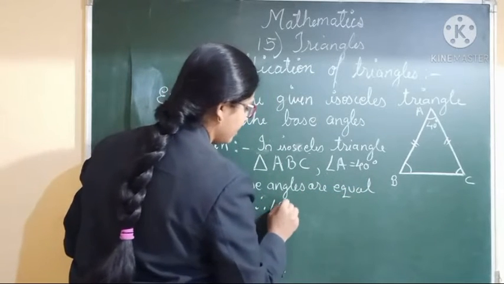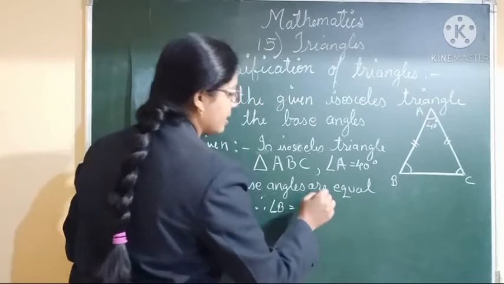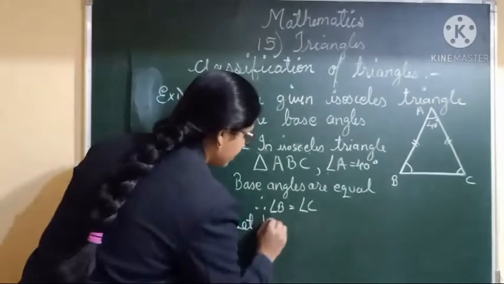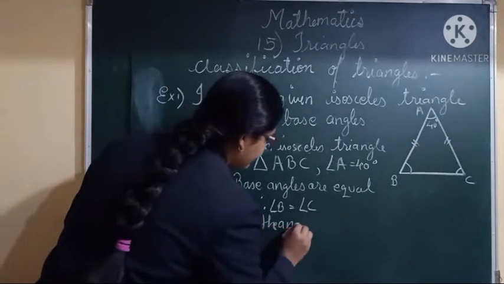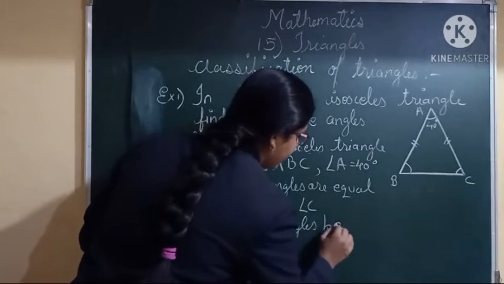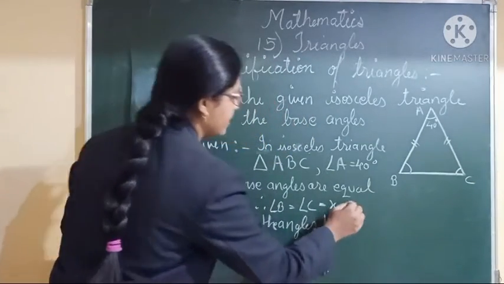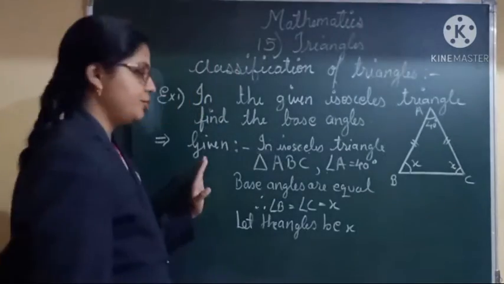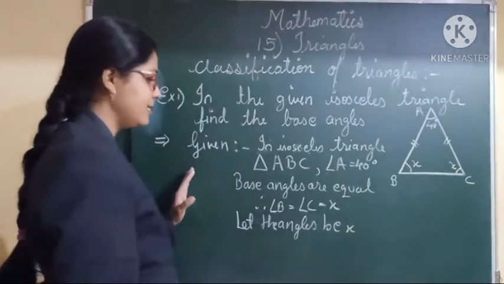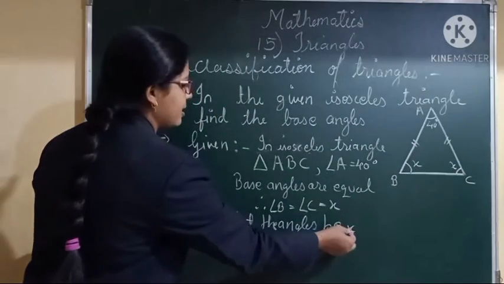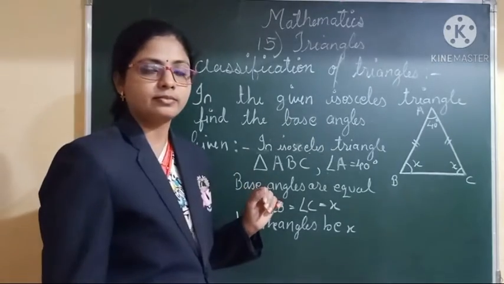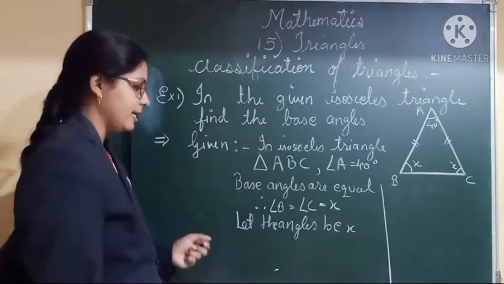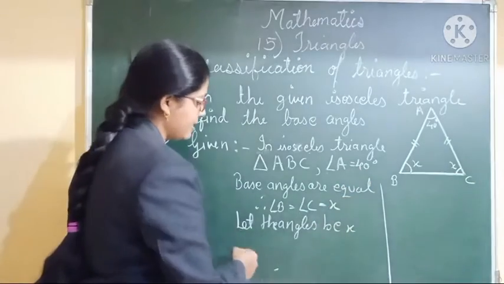Therefore, angle B equals angle C. Therefore, let the angles be x. So we are considering these base angles as x. Understood till here?